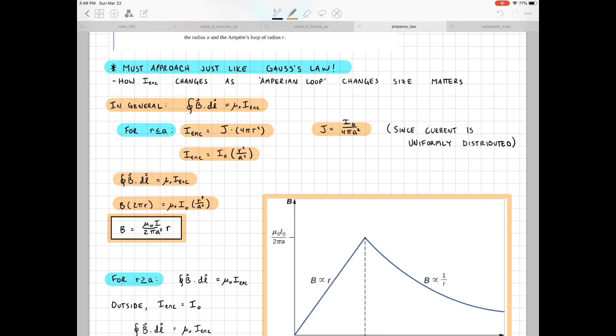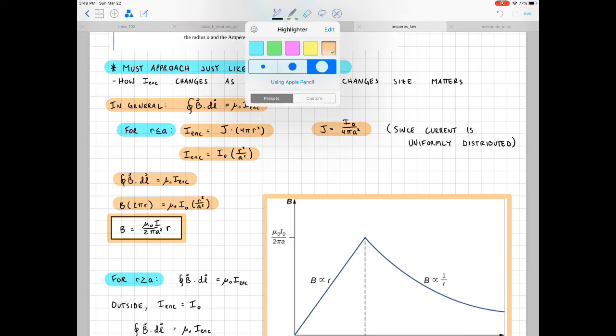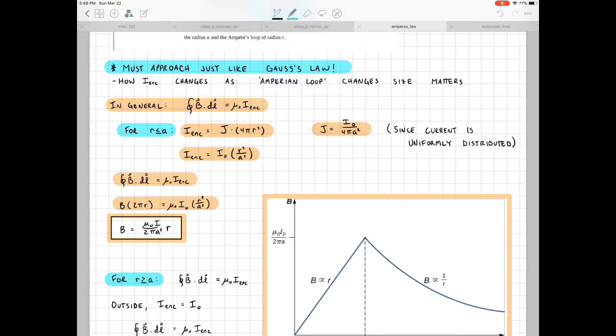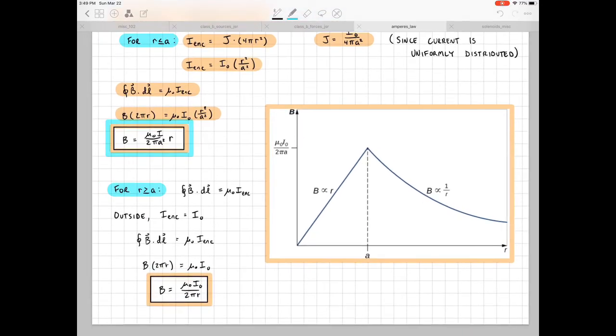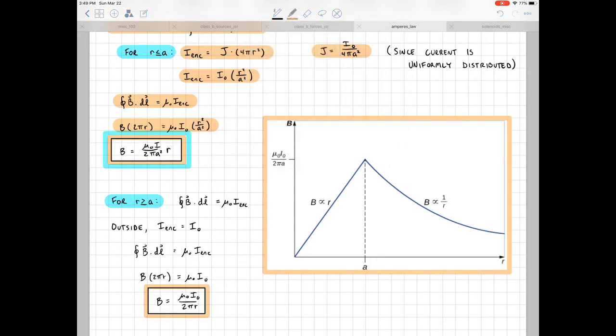B times the circumference of the circle, 2 pi r, and that equals mu naught, and instead of I enclosed, I've substituted in what I solved for, I naught r squared over a squared, and then I just solve for B. And so this is the expression for the B field, the magnitude of the B field inside the wire as you're moving out to the edge with radius a.